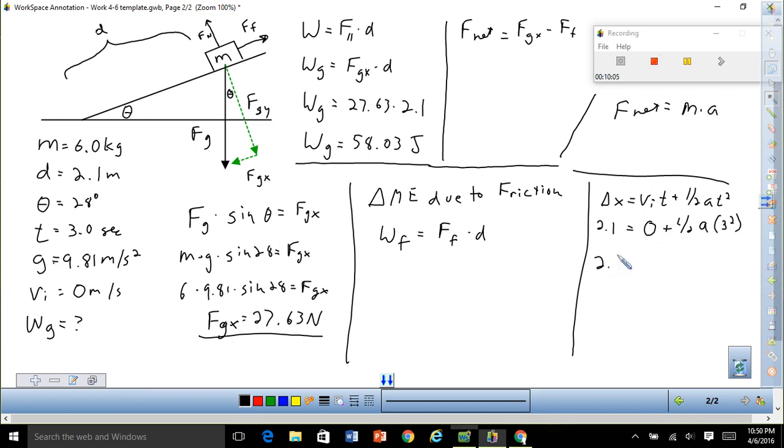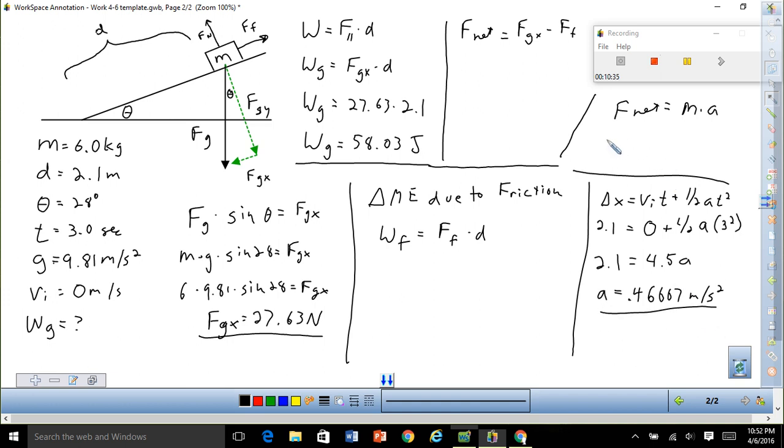So 2.1 will equal 4.5a, squaring that and then multiplying by 1/2. When you carry out the math, you find that a equals 0.46 repeating meters per second squared. Don't forget that unit.